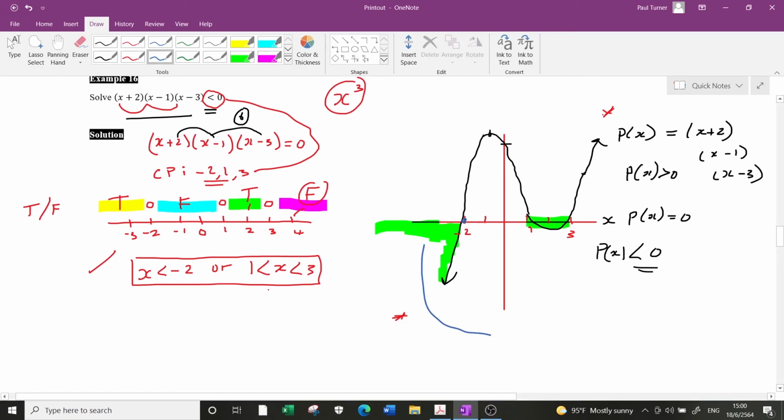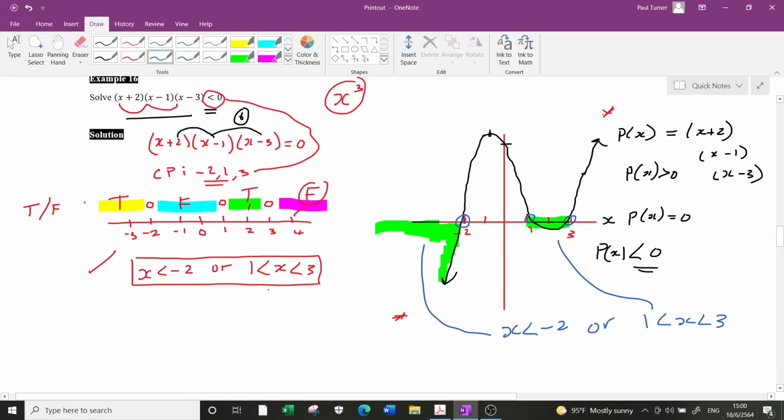This here, let's do an open circle because we don't include those numbers. So we've got less than minus 2, or in this area between 1 and 3. Okay, so it's up to you which method you use.